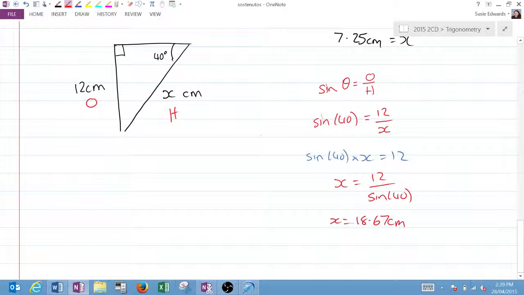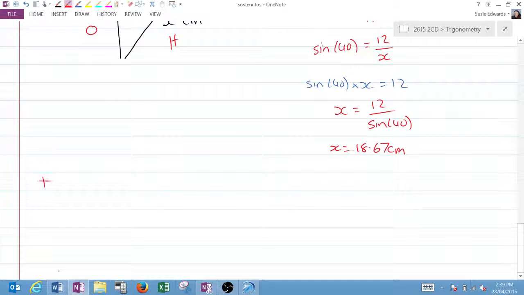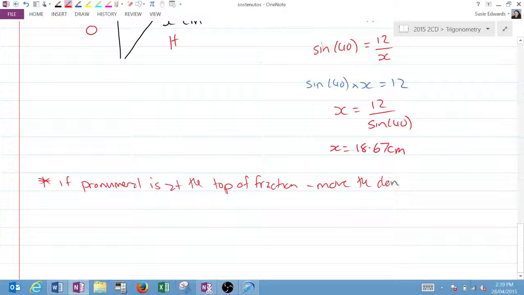Okay, so the rules are, thank you, Luke. If the pronumeral is at the top of the fraction, what's that called? The numerator. Okay, if the pronumeral is at the top of the fraction, then we move the denominator to the other side and multiply.